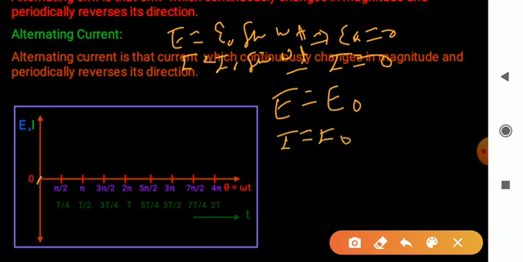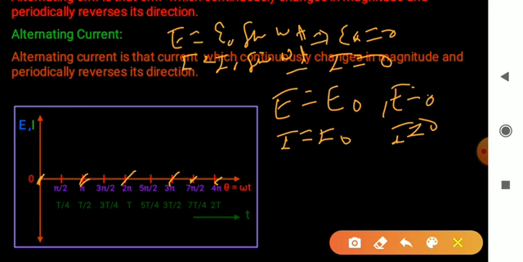If we put omega t is pi, sin pi is 0, so E equal to 0 and I equal to 0. So at 0, pi, 2 pi, 3 pi, the value of E and I is 0. And at pi by 2, 3 pi by 2, 5 pi by 2, 7 pi by 2, E and I have a maximum value.